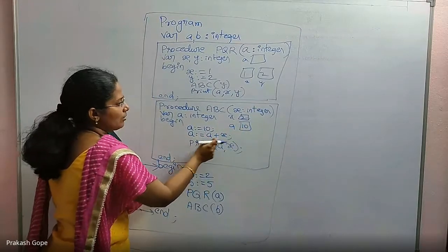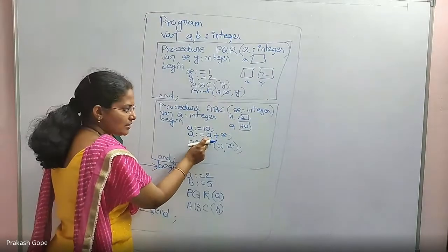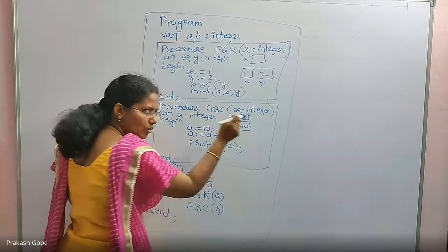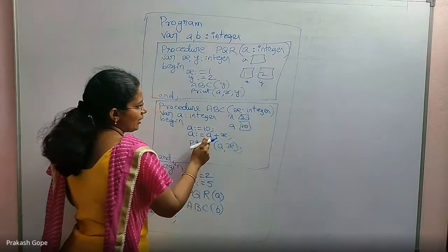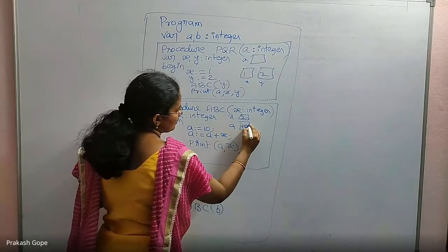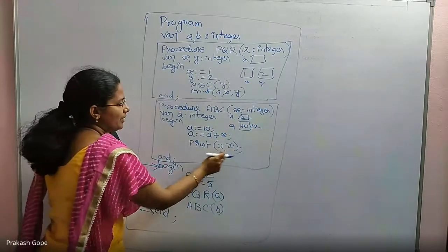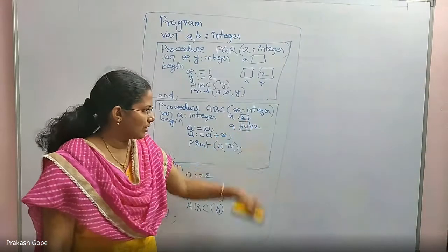Then A equal to A plus x. This is local A. Whenever I try to access a variable, I try to access the locally declared variable. Yes, I have it. A plus x, so A is already 10, x is 2. So 12 will be placed in A. Print A and x. Okay, fine. So A value is 12, x value is 2.